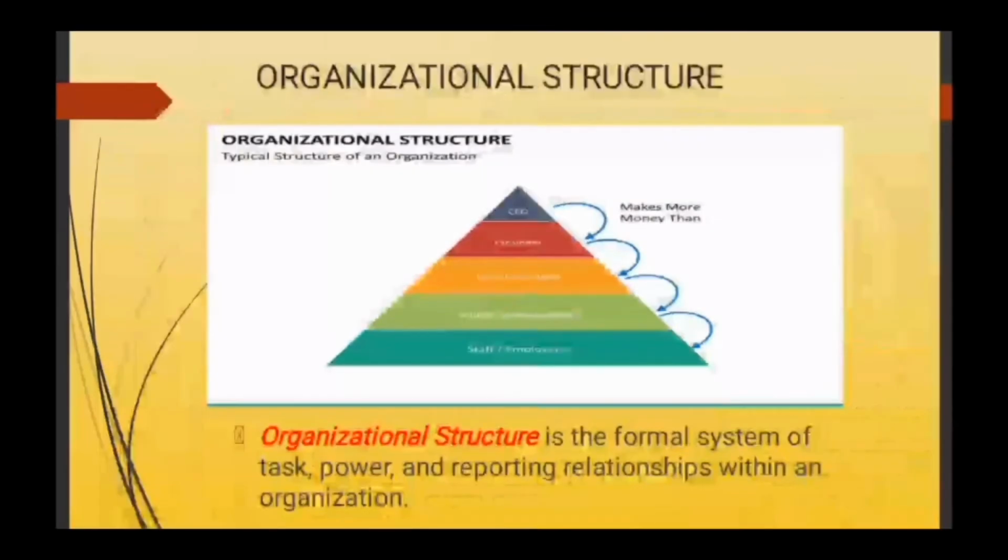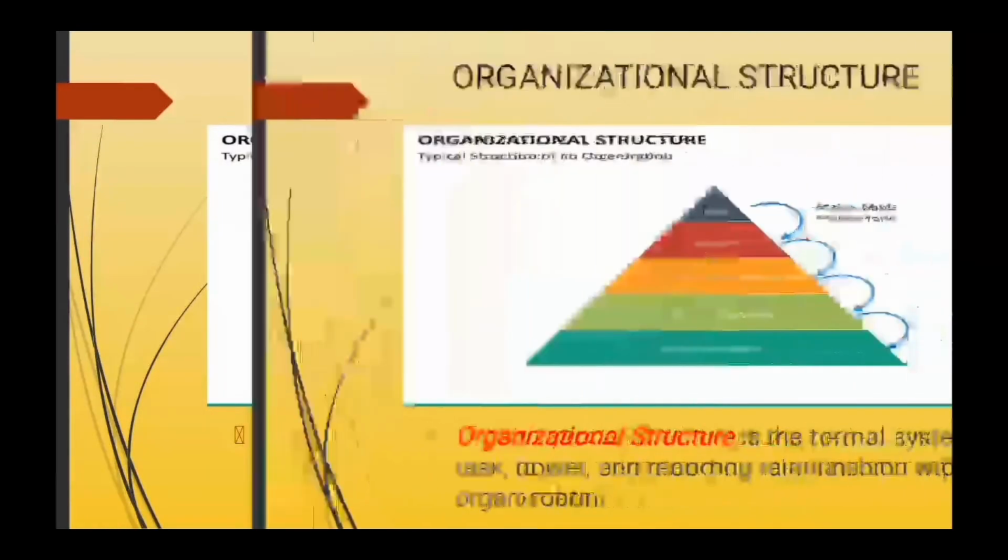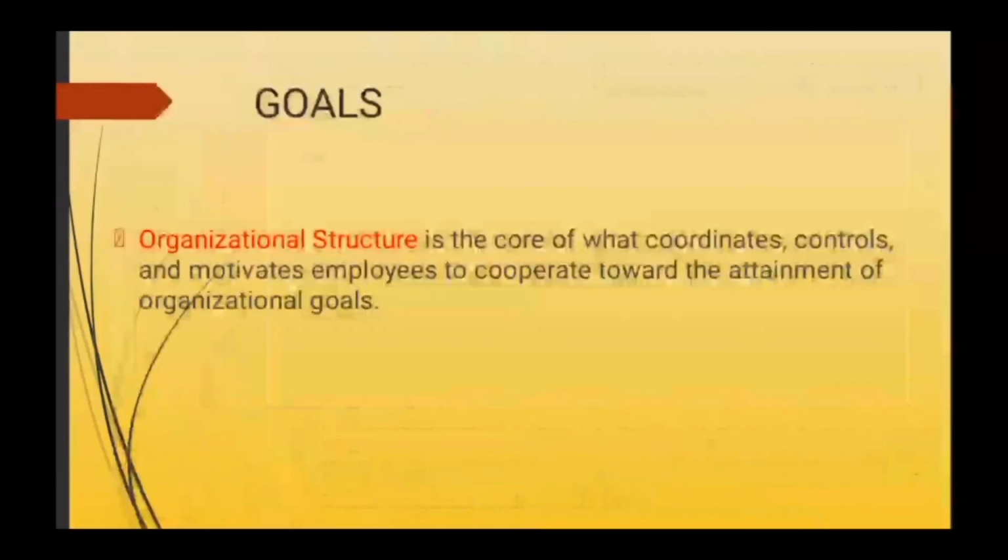One of the most important outcomes of organizational design is organizational structure. Organizational structure is a formal system of task, power, and reporting relationships within an organization. Organizational structure is the core of what coordinates, controls, and motivates employees to cooperate towards the attainment of organizational goals.